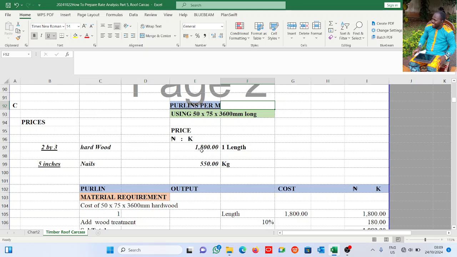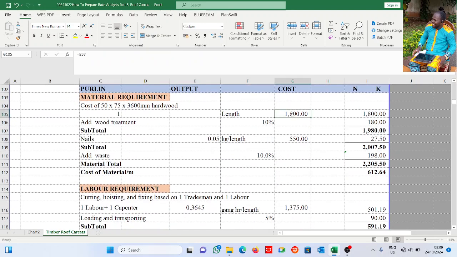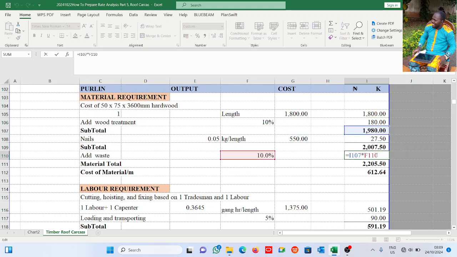So the length is 1,800 per length. Just the same thing we did in the previous, the same process we are going to carry out. The only difference maybe is in their labor, in the hoisting, in the fixing, and in the putting them in place. 1,800. Treatment, just like we did. Nail, just like we did. Waste, just like we did.